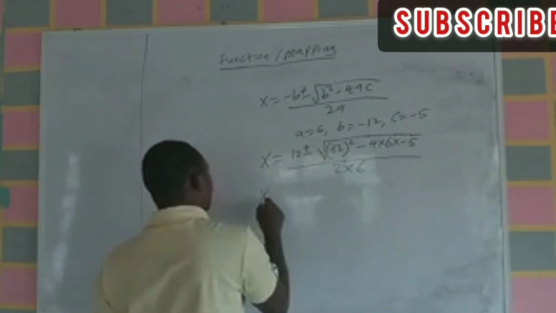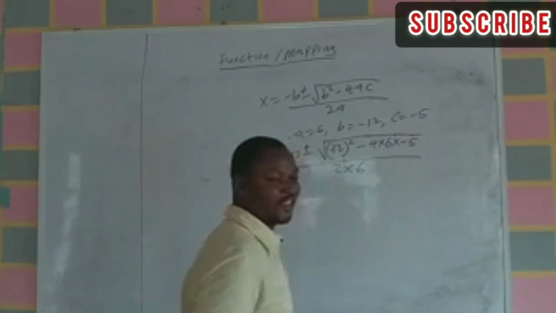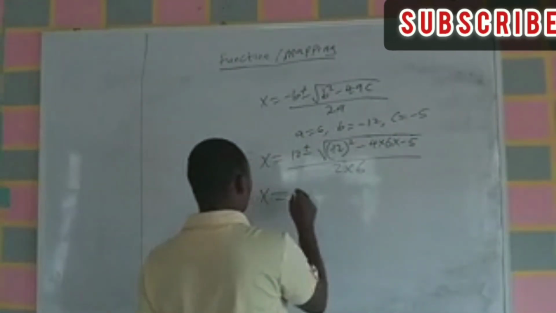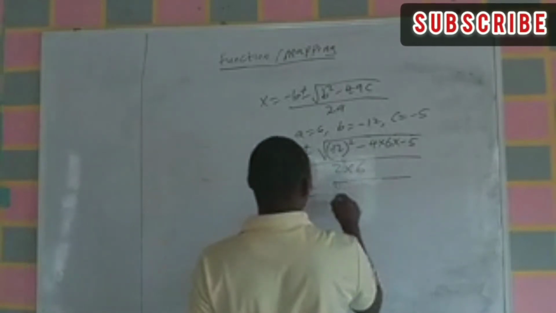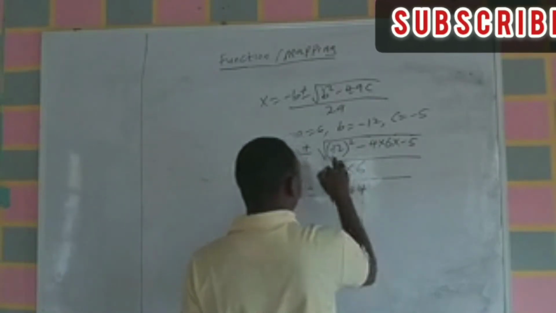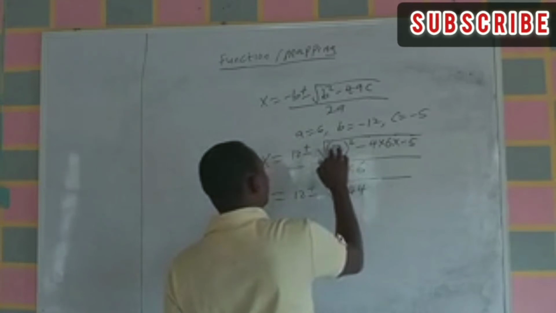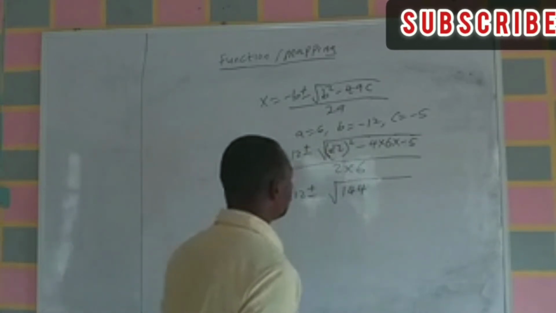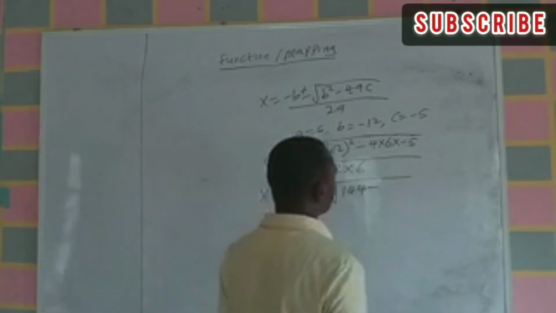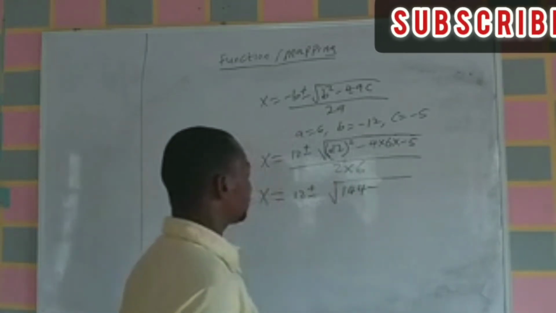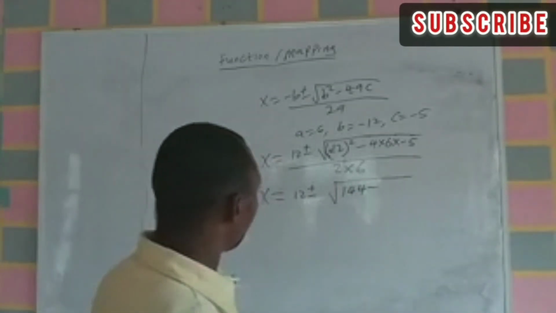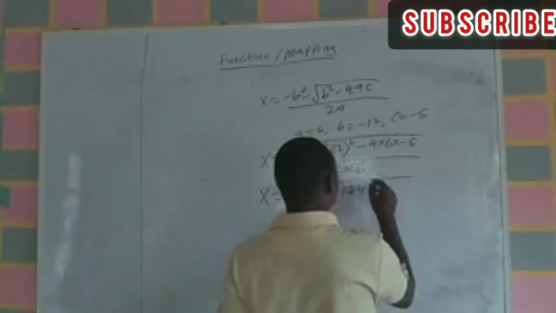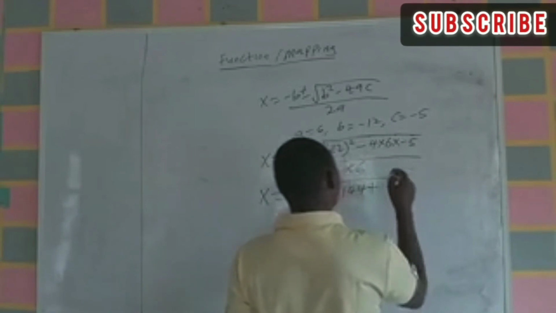So we have s equals 12 plus or minus the square root of 144. When the negative sign is squared, it becomes positive. Then minus 4 times 6 times minus 5: 4 times 5 is 20, times 6 gives 120. So minus and minus become plus.